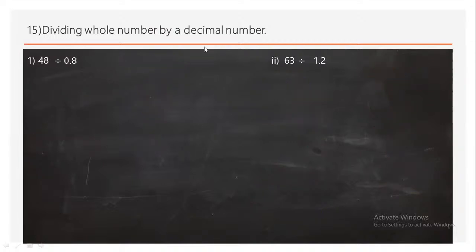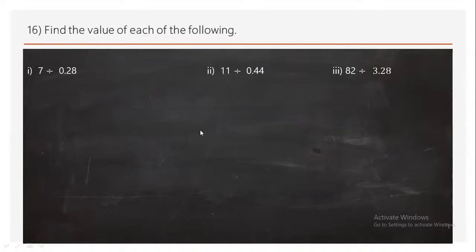Question number 16. 7 divided by 0.28. 7 divided here, contains 2 decimal places, then the denominator contains 2 zeros, then 28 over 100. 7 into, write the reciprocal with the multiplication sign, 100 over 28.